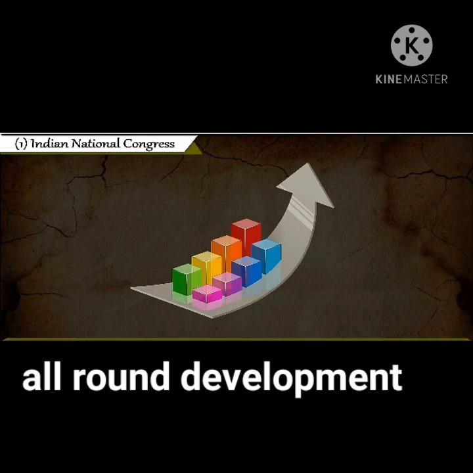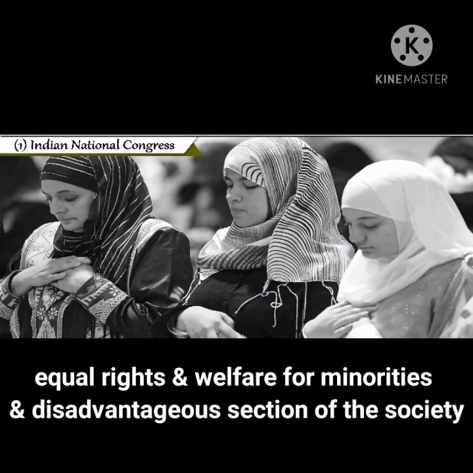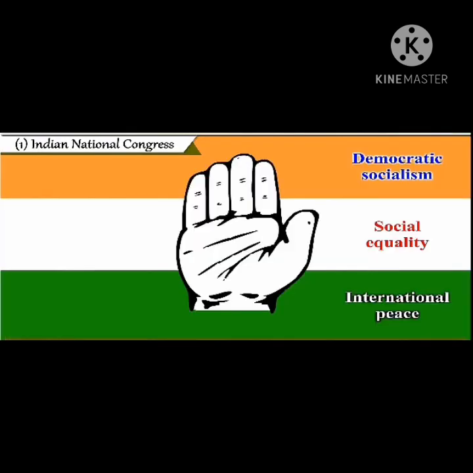Then it follows all-round development, equal rights and welfare for minorities and disadvantaged sections of society. Accordingly, Congress has organized various programs to achieve those objectives. And the party believes in democratic socialism, social equality, and international peace.